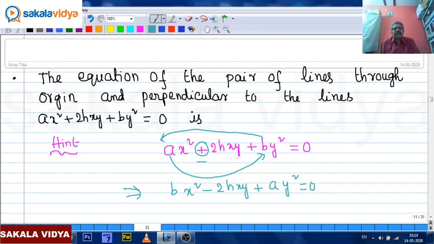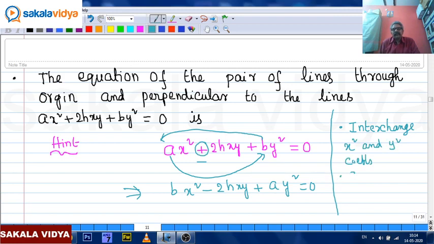That means, you remember, first interchange the x square and y square coefficients.